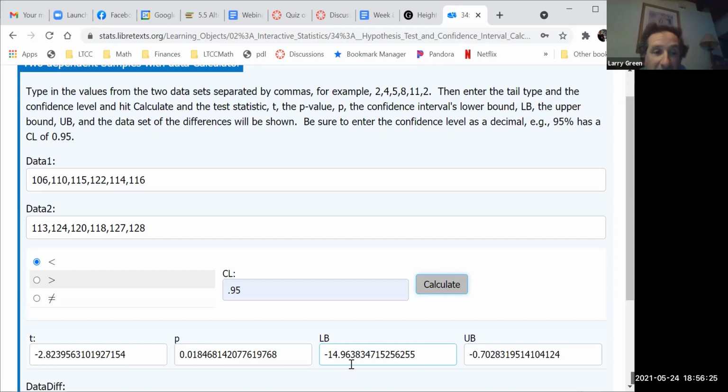Okay, it's a small sample size. And do you know why I had to use a small sample size? What would have happened if I used a sample size over 30? Any thoughts?